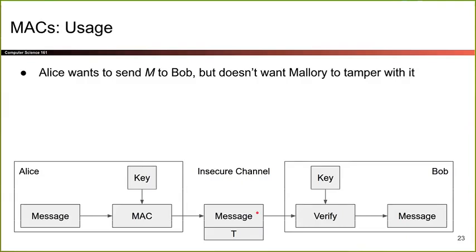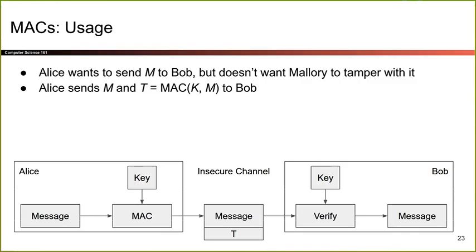She has to open the envelope. And when she opens the envelope, the seal is going to break. Right? The tape on the envelope is going to break, and she can't retape the message. So when Bob receives the message, all he has to do is check, is the tape there? If the tape is there, then the message is good. If the tape is broken, then somebody has probably messed with my message.